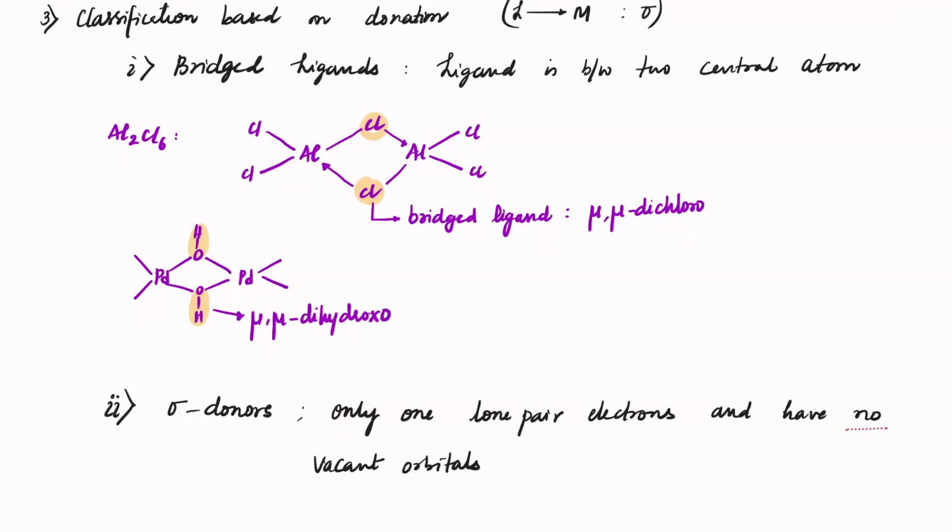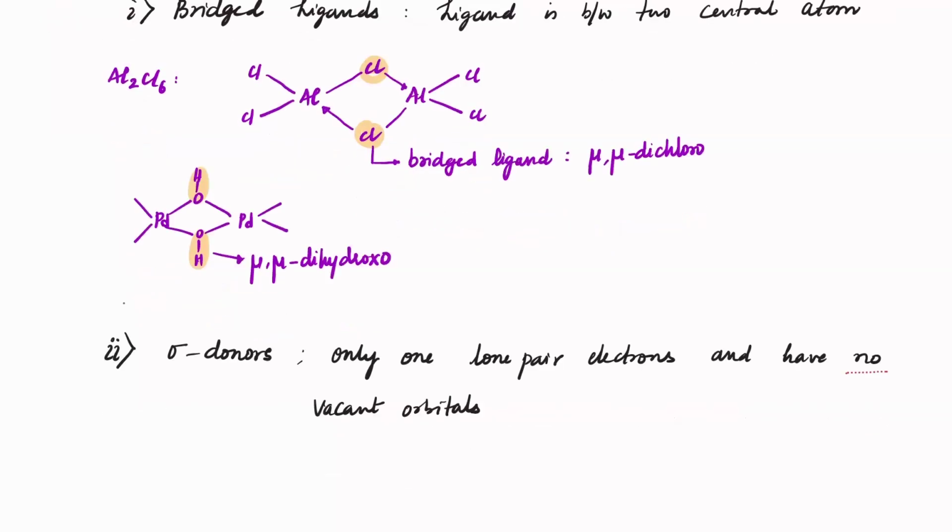Usually, to act like bridged ligands, they must have at least two lone pairs to donate, right? On both ends. So we have something like OH minus, O2 2 minus, it could be a peroxide, it could be a superoxide, it could be a simple oxide, it could be an amide, NH2 minus.